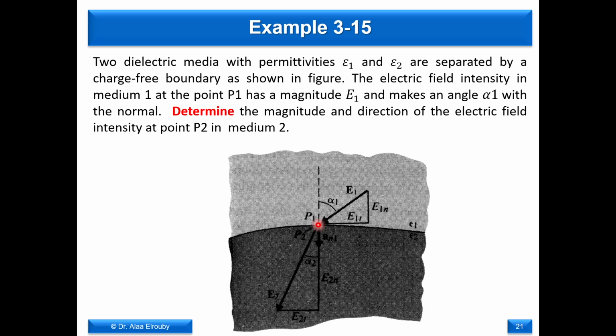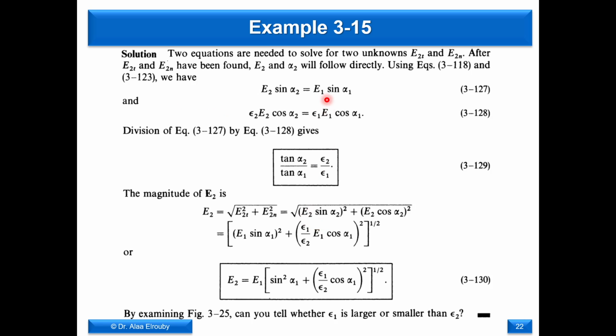They are equal to one another. The normal component of displacement vector 2 equals epsilon 2 E2 cosine alpha 2. The displacement field normal component in medium 1 is epsilon 1 E1 cosine alpha 1. So we have those two equations.